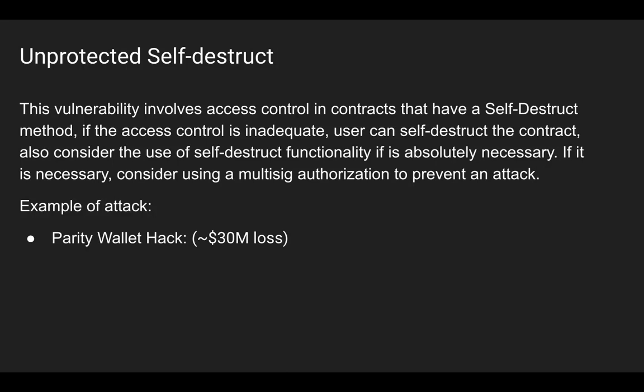So for example, there was the Parity wallet hack, which lost almost 30 million dollars. What the attacker did was, there was a loophole in a library that the contract was using, a multi-signature authorizing library.